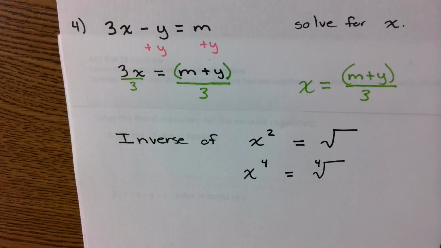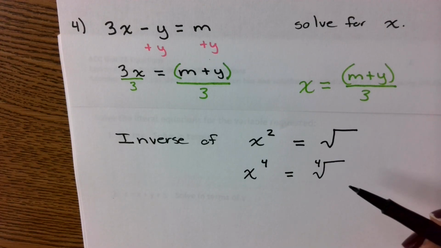Square root, so let me let you guys know. Did you know a square root is actually an exponent? A square root is an exponent. The exponent is 1 over 2. So your square root, or any of your roots, are just fractioned exponents.